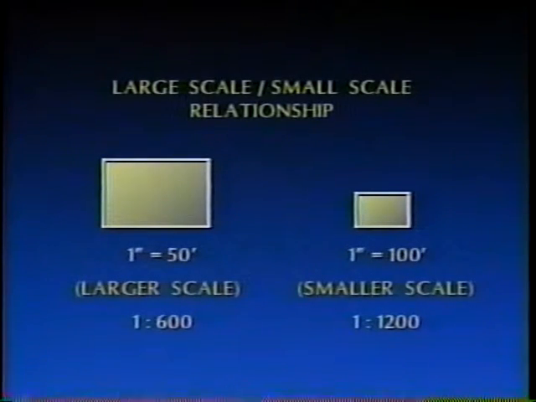Some methods to visualize and remember this relationship are that a building, as shown here, would appear larger on a 50 scale map than the same building would on a 100 scale map, or that the ratio 1 to 600 representing a 50 scale map is larger than 1 to 1200 for a 100 scale map. To plan a photogrammetric project and check the photography for usability on the project, the scale relationship must be understood.